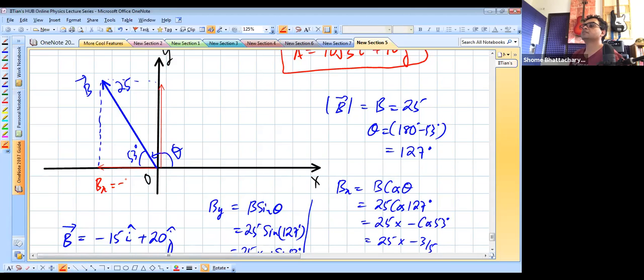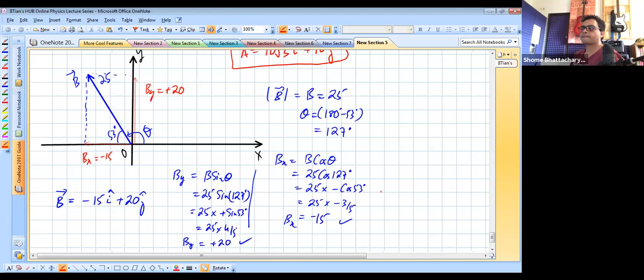Bx is minus 15, By is plus 20. That's how I'm getting this vector. So this is where the significance of trigonometry in 4 quadrants actually comes in. Very, very important.